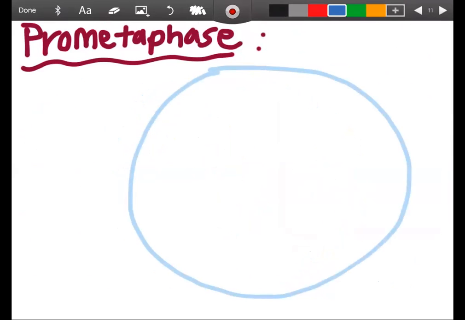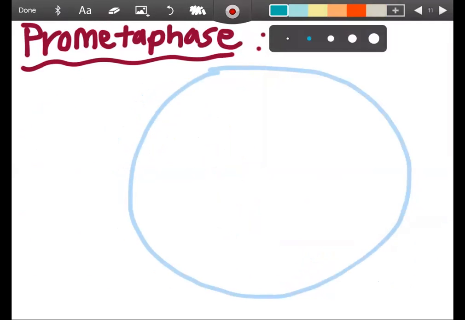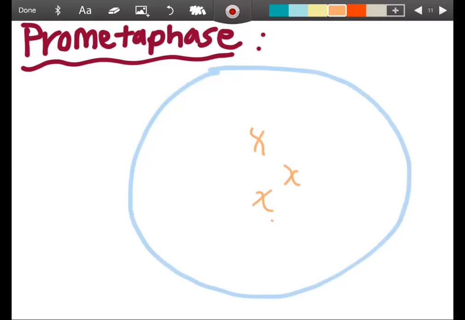So now moving on to prometaphase, these chromosomes are going to continue to condense. So I'll draw those chromosomes. The kinetochores are going to appear at centromeres. So centromeres, they are at the middle of each of these chromosomes. And the kinetochores are going to appear here. So this is where the spindle fibers are going to connect to each of the chromosomes. So kinetochores form.